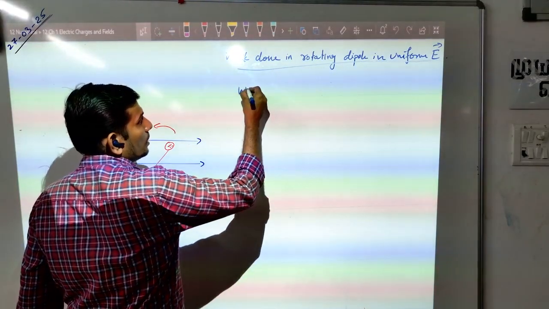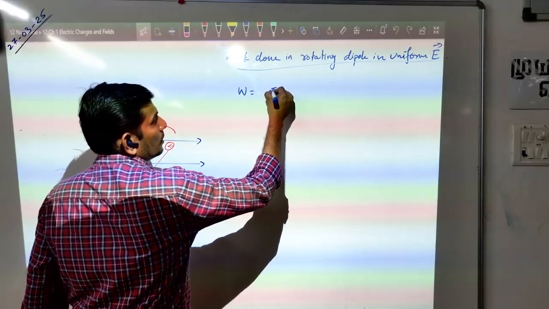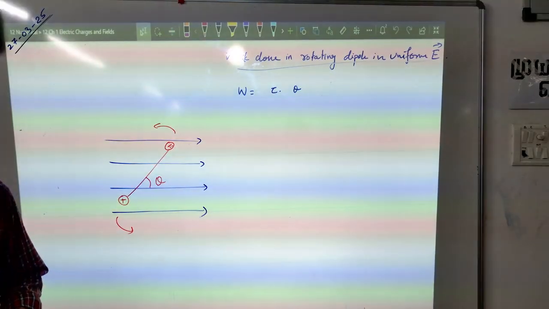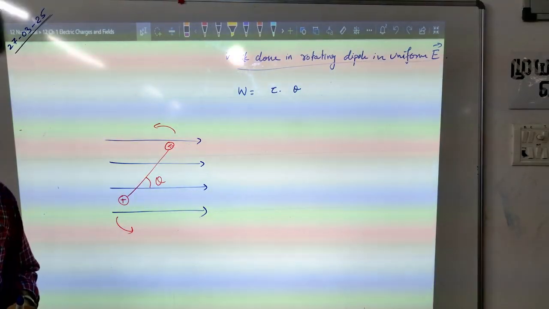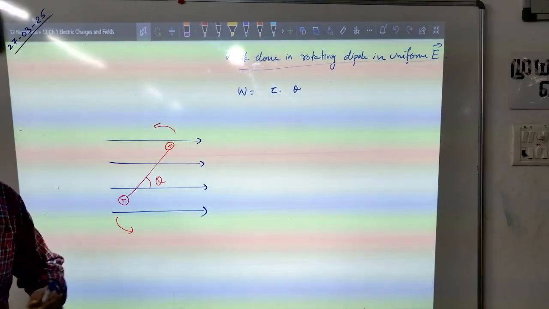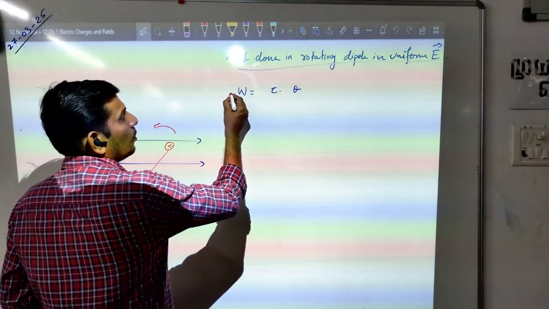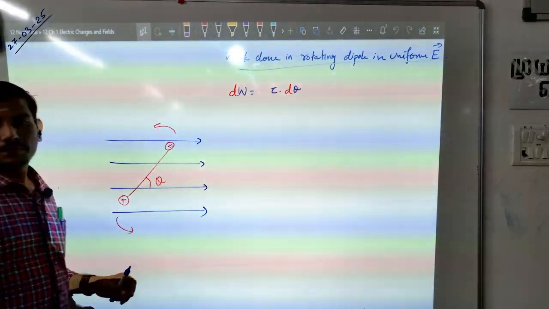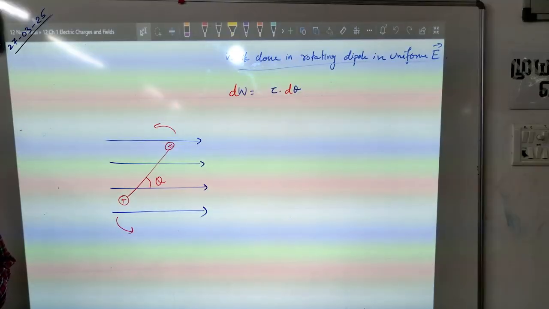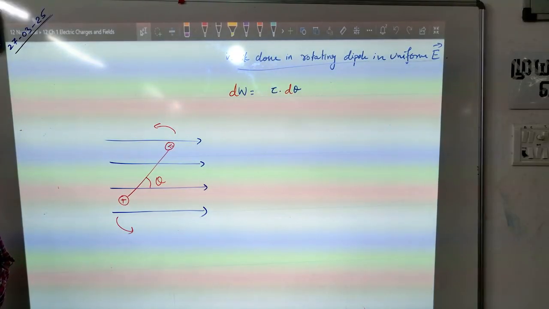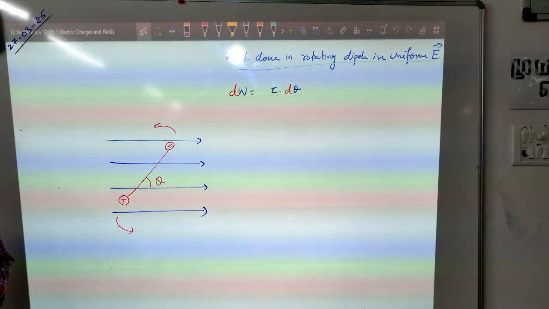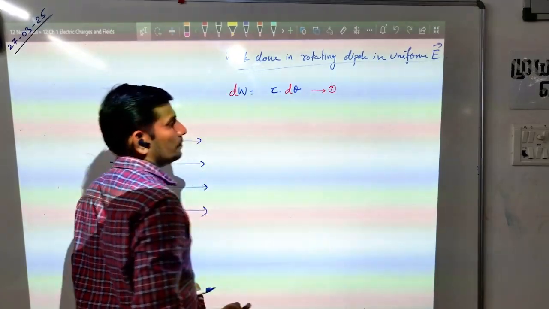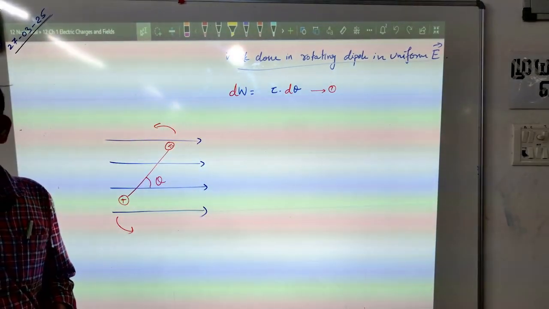Work done W is equal to tau dot theta. You know very well, if I keep changing the angle, I have to do more and more work. So work done varies when theta varies. Let this be equation number 1. Noted?